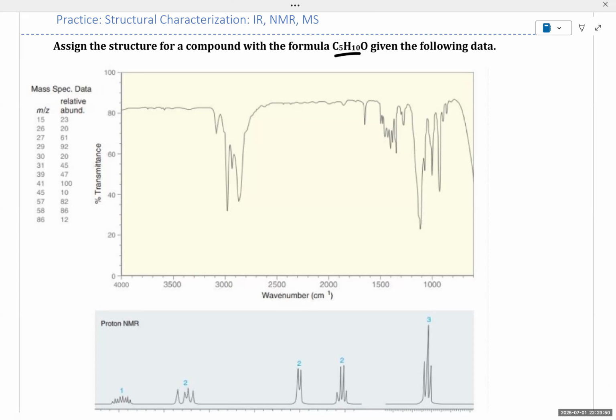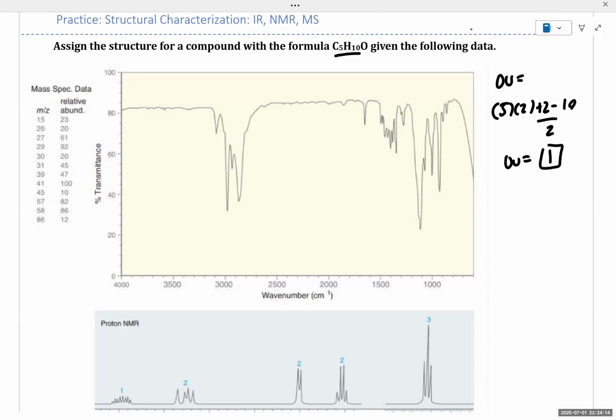Okay, so first things first, taking a look at the mass spectra, I'm going to shelve that for now, and I'm going to focus on seeing first, looking at my formula, what is my DU value? So we have 5 times 2 plus 2 minus 10, over 2. That gives us a DU value of 1.